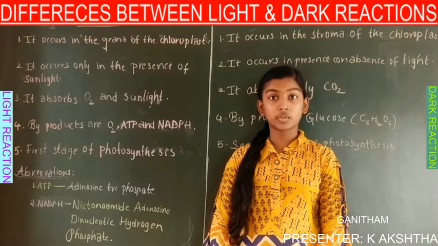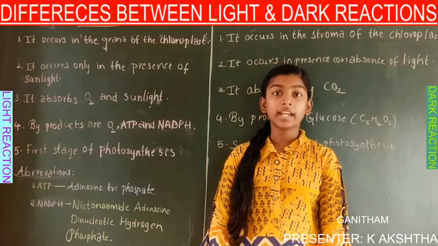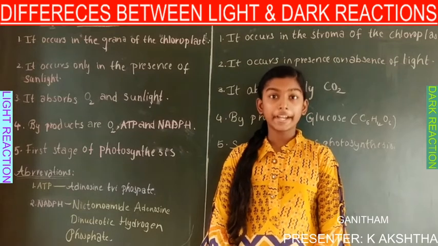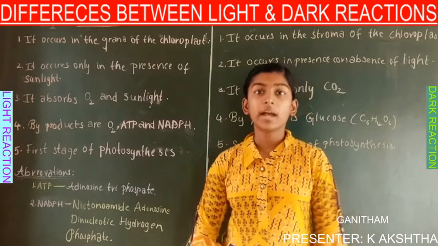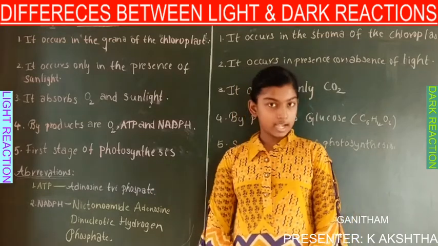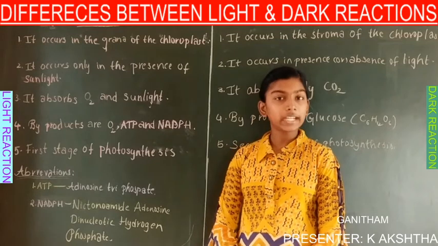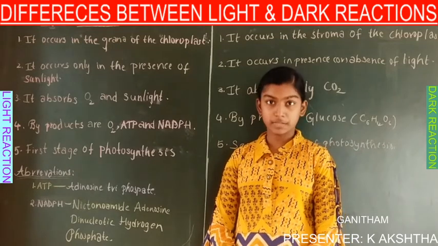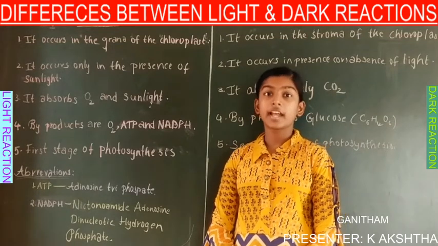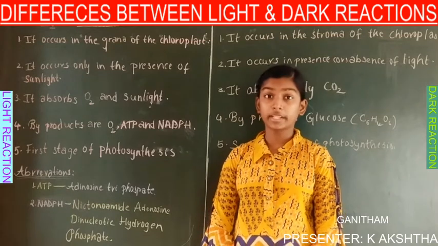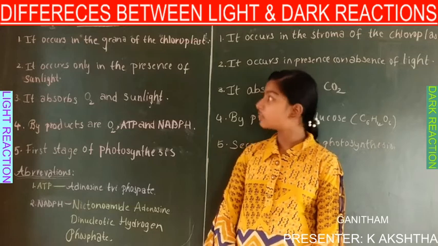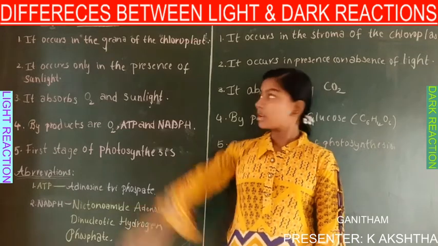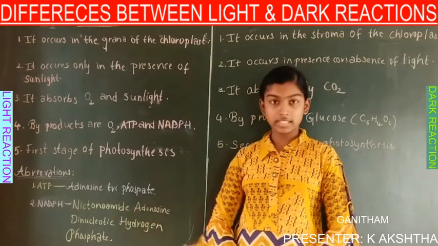The byproducts or end products are oxygen, ATP, and NADPH. ATP means the energy used to trap solar energy. ATP full form is adenosine triphosphate. NADPH means nicotinamide adenosine dinucleotide hydrogen phosphate. This was the first stage of photosynthesis. So this was all about the light reaction.